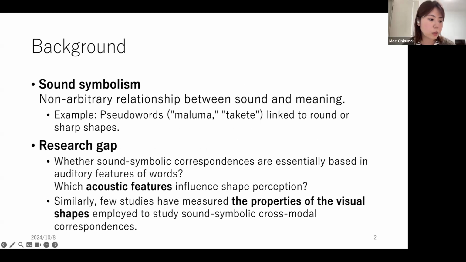For example, words like maluma are often associated with round shapes, while takete is linked to sharp shapes. However, the specific acoustic features that influence this association remain unclear. So this study was designed to address this gap.